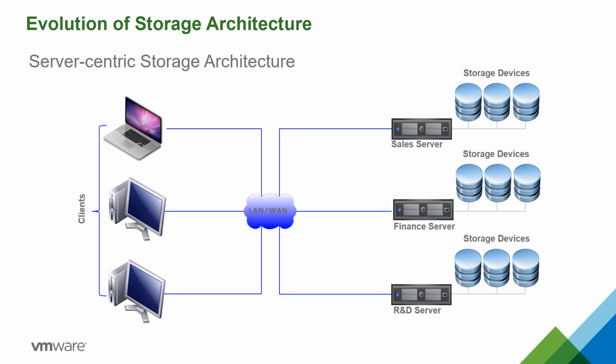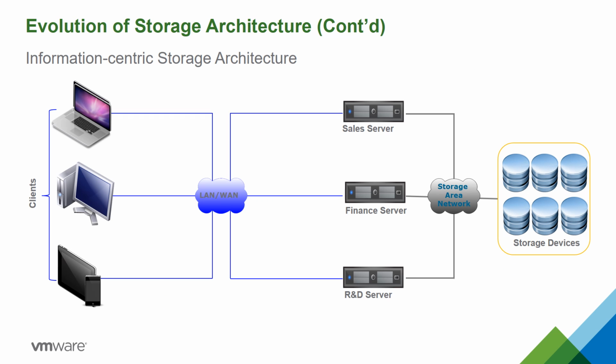So that's one of the risks we had with this server-centric architecture, because we always had the risk of availability due to downtime scenarios. So that's when we moved from the server-centric approach to storage devices. That means the storage array approach by implementing a storage area network.